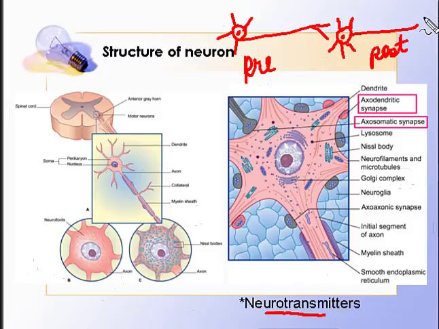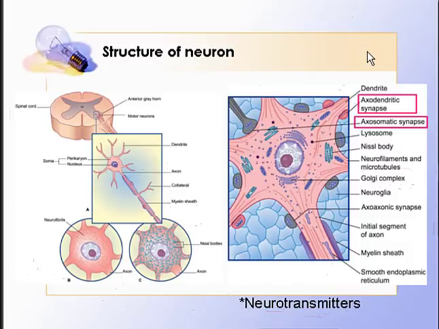Now this is a typical picture that you see where you have an axon synapsing on the dendrites of the postsynaptic neuron, and such a synapse is known as an axodendritic synapse. And most axodendritic synapses are excitatory synapses.